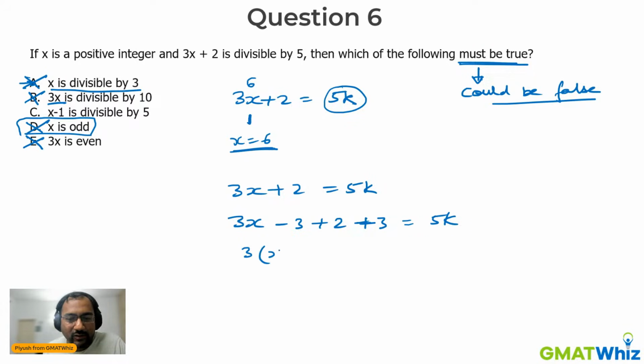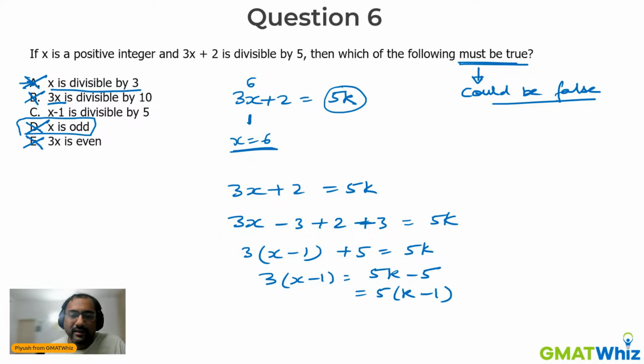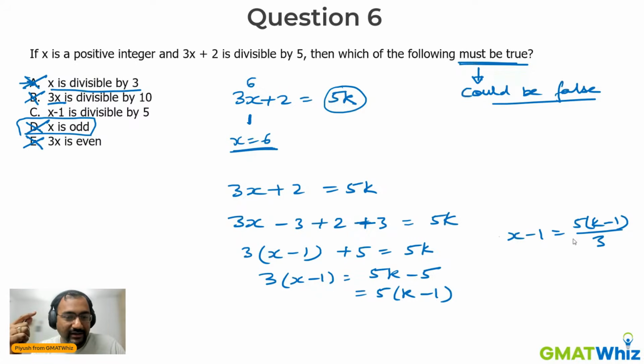So I get 3 into x minus 1 plus 5 is equal to 5k. So I get 3 into x minus 1 is equal to 5k minus 5, which is 5 times k minus 1. And then I can write x minus 1 as 5 times k minus 1 by 3. So it is in a way the same thing that we got from the first statement itself. So I know this is definitely divisible by 5. I hope this is clear.